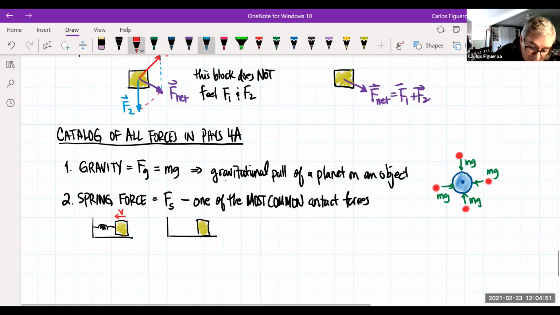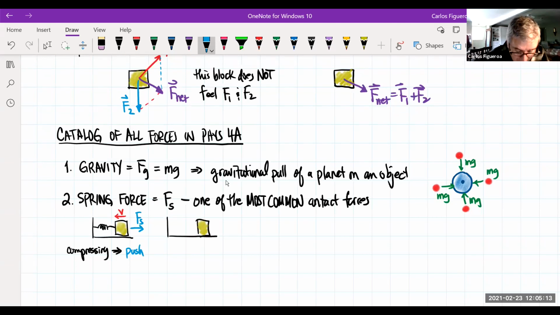What's going to happen to the spring force? Well, if I'm compressing the spring, that spring is then going to apply a force in which direction? It's going to be in that direction. So in this case, it's a push on the block.